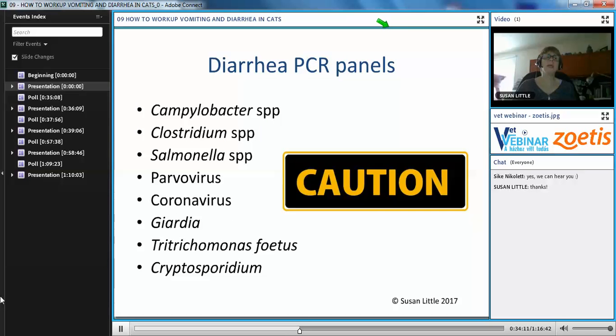Okay. Many labs also now offer diarrhea PCR panels. Depending on the lab and what they offer, they may offer a wide variety of panels that will give you detection of a number of both bacterial species and viral species, as well as some of the protozoan parasites like Giardia and Tritrichomonas.